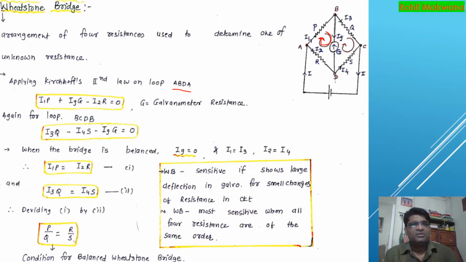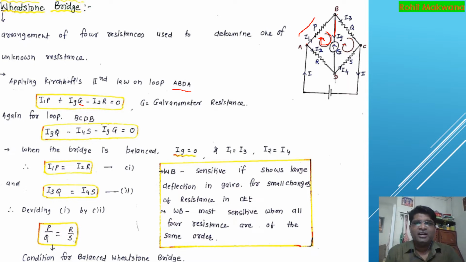Okay, so first let's say we are going in this arm. So in this arm, what is the product of current and resistance? It is I1P. Then here along this arm it will be current is Ig, resistance is G. Capital G here is the resistance of the galvanometer.